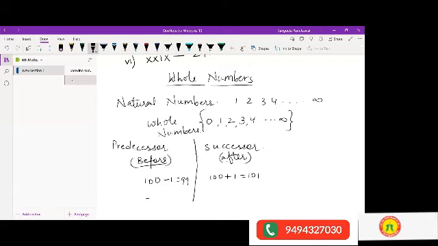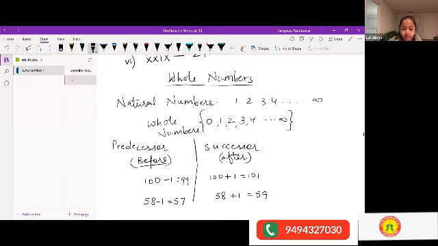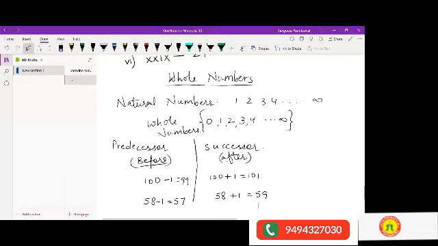If you have 58, you subtract 1 to get the previous number, and you add 1 to get the next number. Successor means something which comes after. So this is the concept of predecessor and successor.